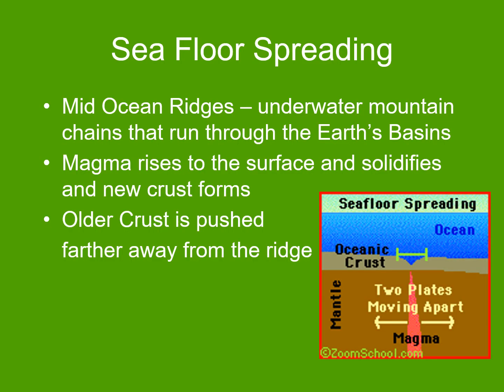It's specifically at our divergent boundaries where mid-ocean ridges are formed. Mid-ocean ridges are nothing more than an underwater mountain chain that runs through the Earth's basins. That means the ocean floors. As magma from the mantle rises at a divergent boundary, it's going to push up. It's going to solidify.